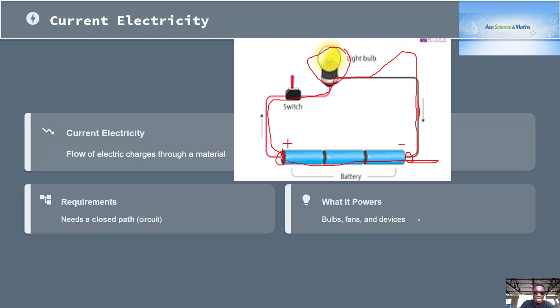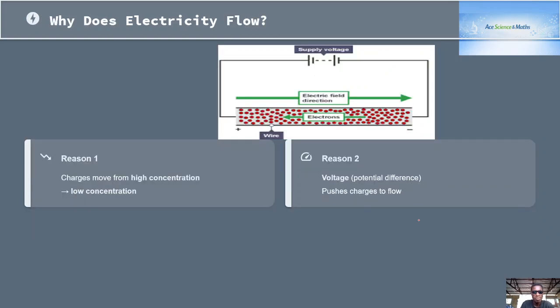So why does electricity flow? This is the major reason I want us to understand here. I mentioned potential difference earlier, and this is exactly where we have to understand it. Friends, electricity flows because there is a difference in the number of electrons between two points, called the potential difference or the voltage.